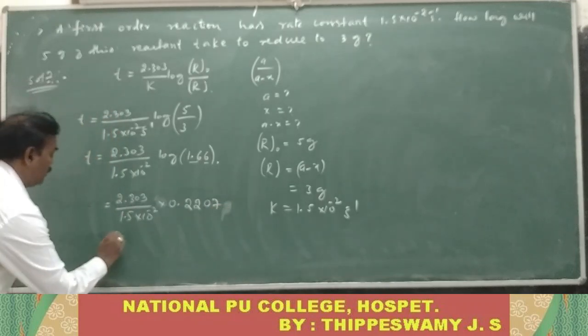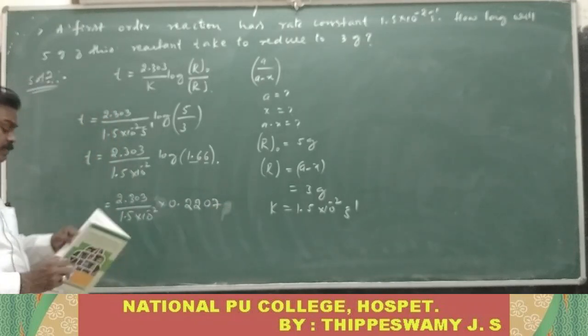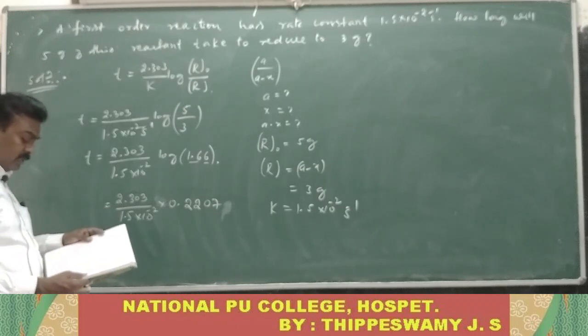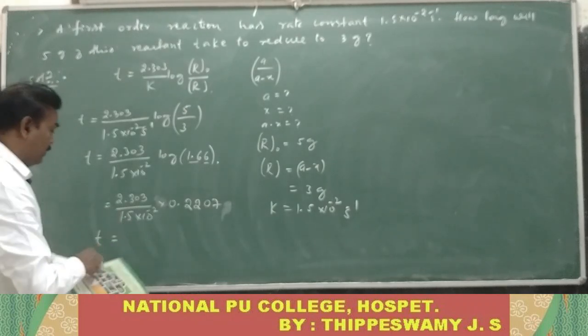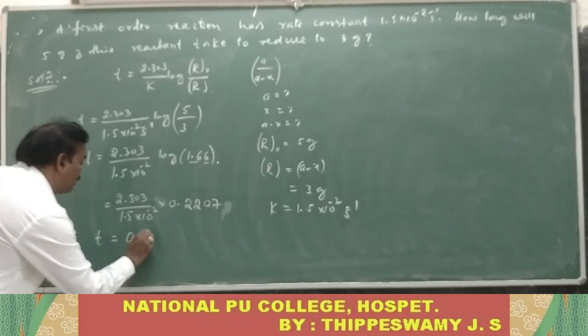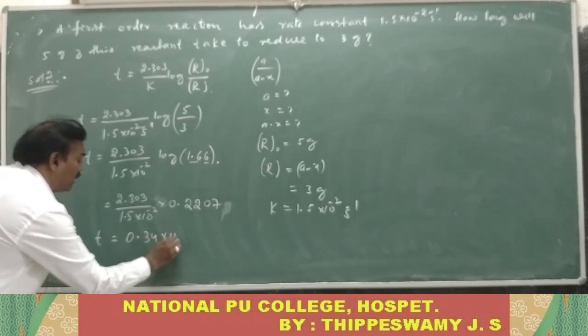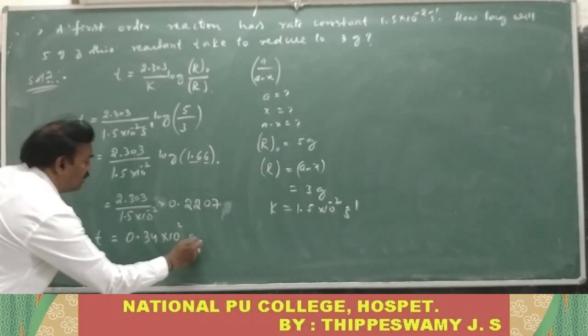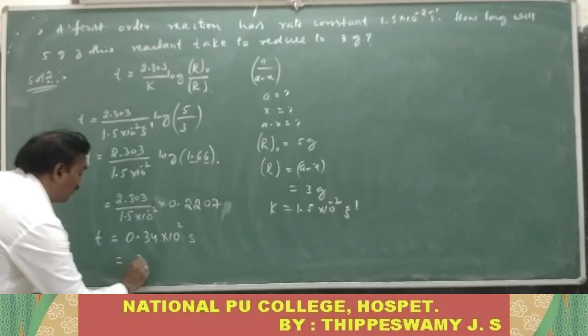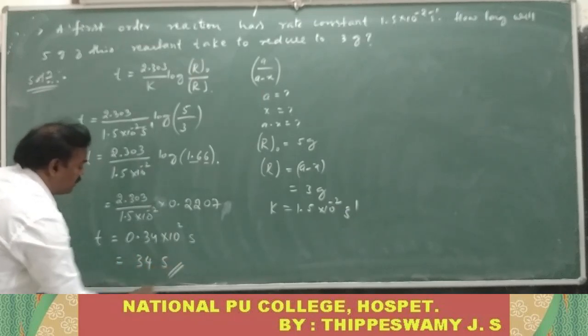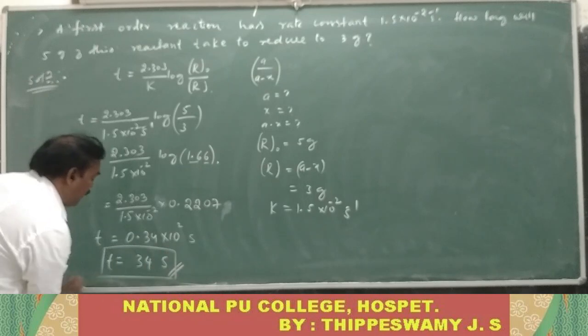On simplification, what is the time you are getting? Time t is equal to 0.34 into 10 to the power 2 seconds, or it may be equal to 34 seconds. This is the value of time.